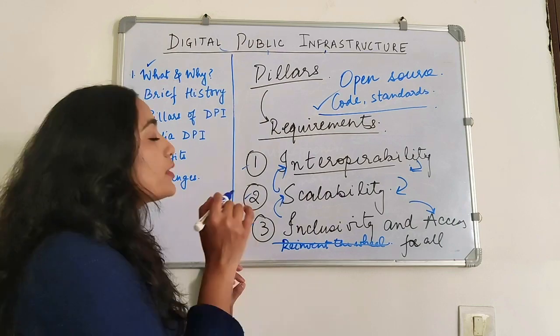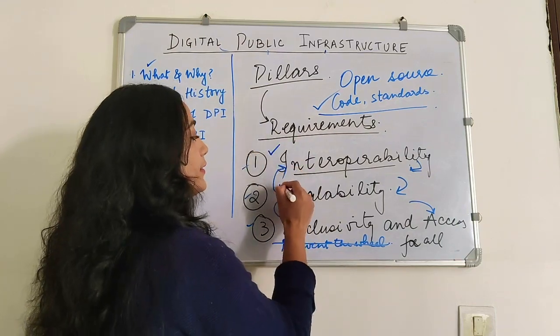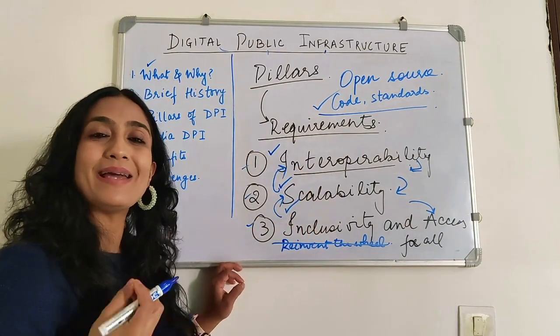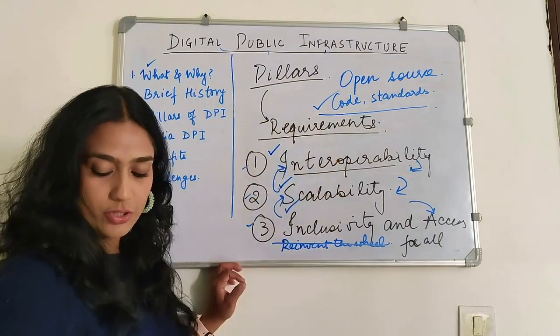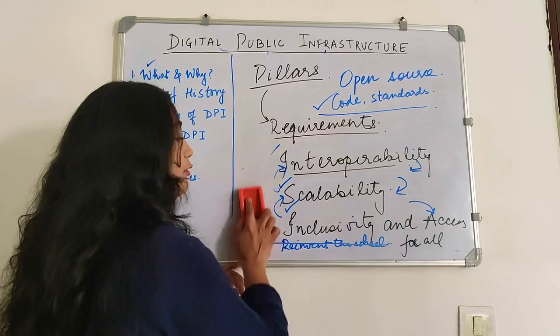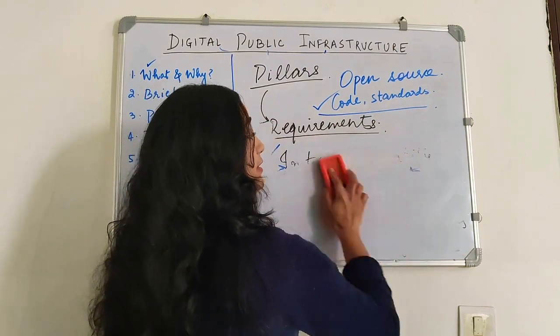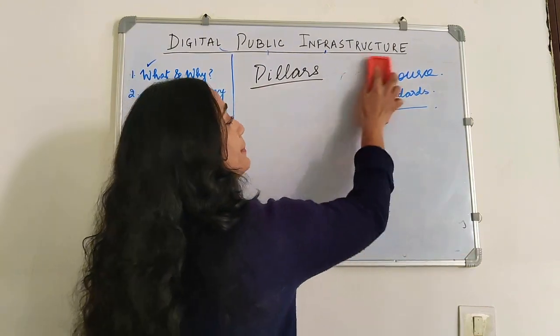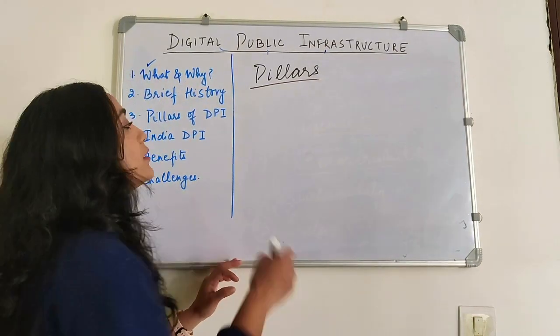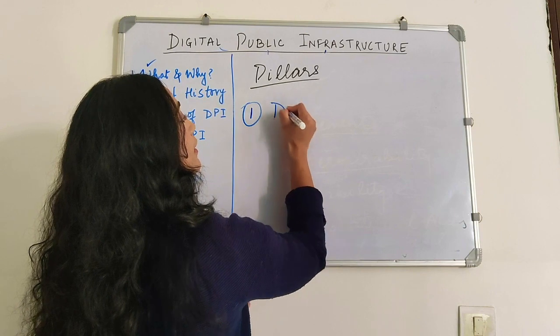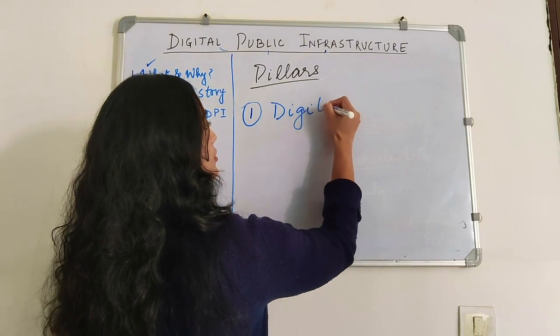Okay, so now, given these three requirements or these three basic needs that we have from any digital public infrastructure, to fulfill these three requirements, we have three pillars of DPI. The first is digital identification.